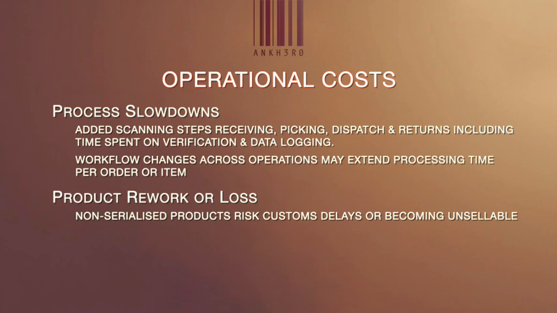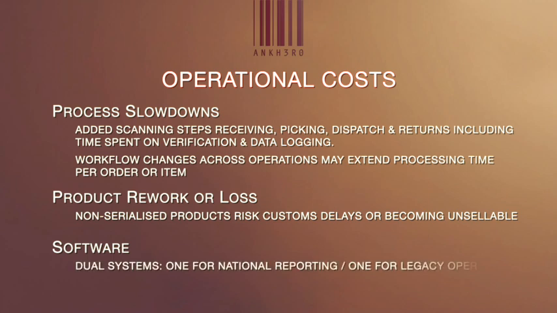One of the main challenges in the operational cost also is the software challenge. Because as we mentioned earlier, if you don't have integration between your current software and your track and trace software, or if you are using the national hub directly, you report through the national hub for track and trace, and you are using your ERP or WMS for your current operation, so you are using two parallel systems.